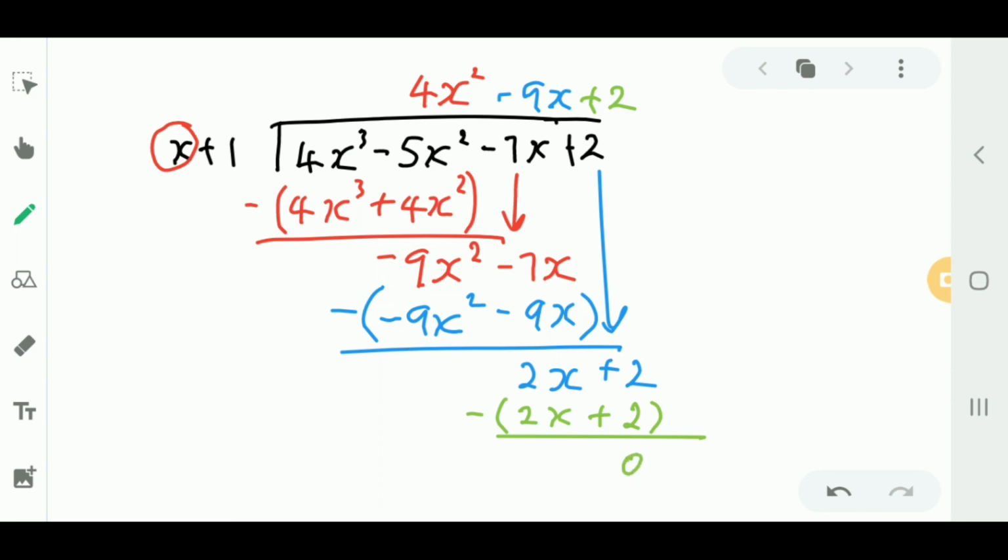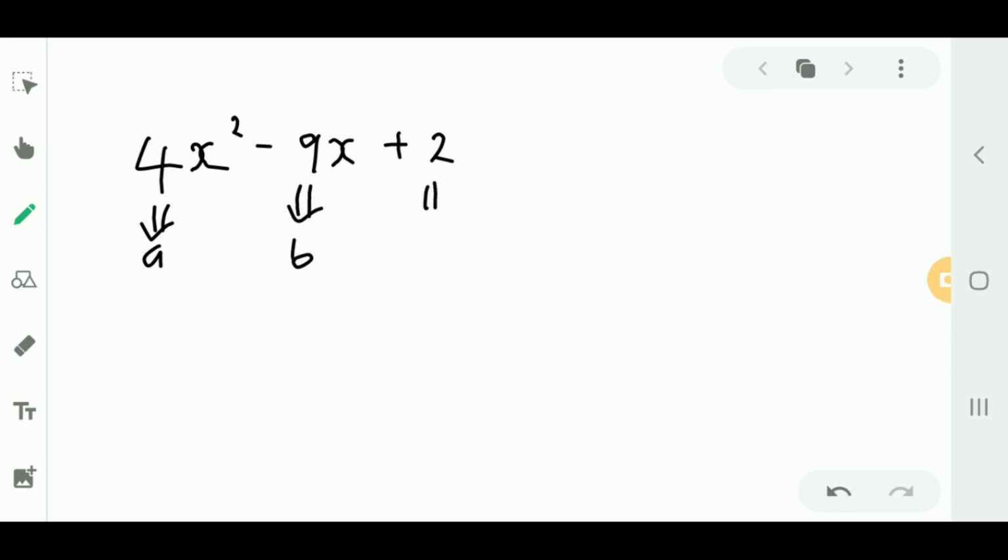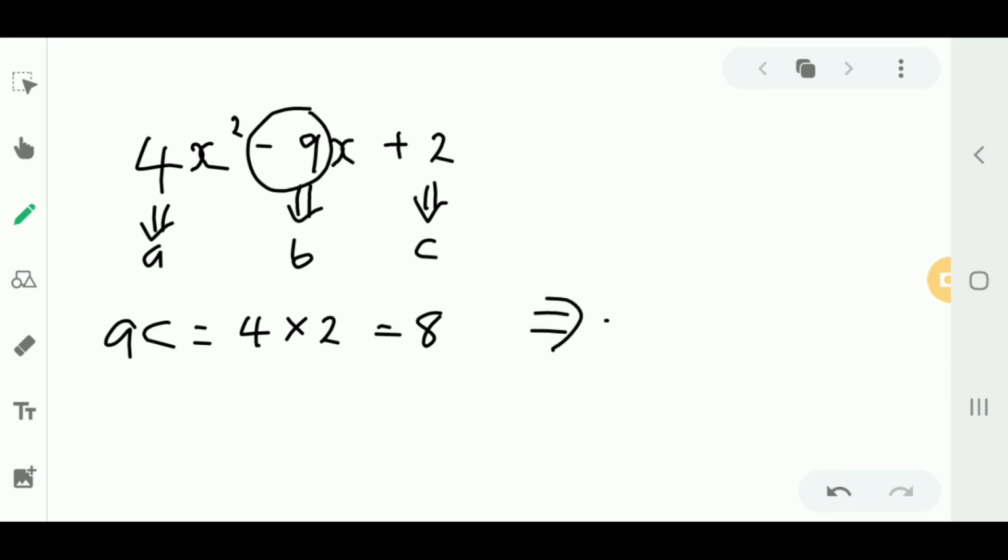So the essential part of what we wanted was to get the quotient here and factorize the quotient. So this is A, B, C, and we're doing the AC method, which is 4 times 2, that gives you 8. That means in order for us to get the B term, we could use minus 1 times minus 8.